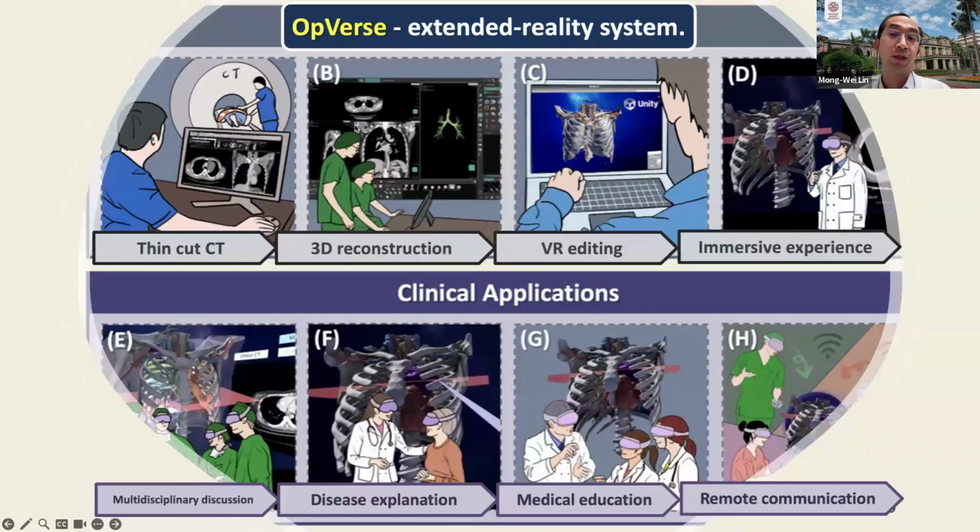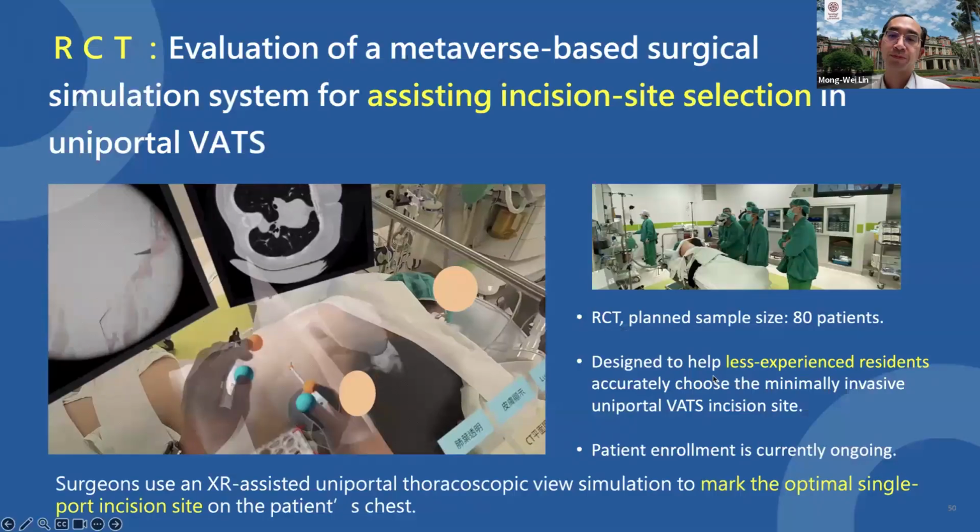We start from a routine CT to create a 3D model and bring it into the VR environment so that the surgeon can actually walk around the patient's chest. This kind of metaverse platform can be used for MDT planning, explaining disease to patients, teaching trainees, and even remote collaboration.